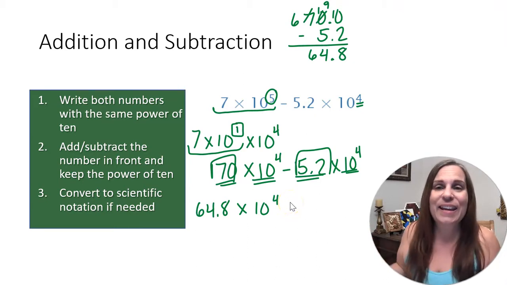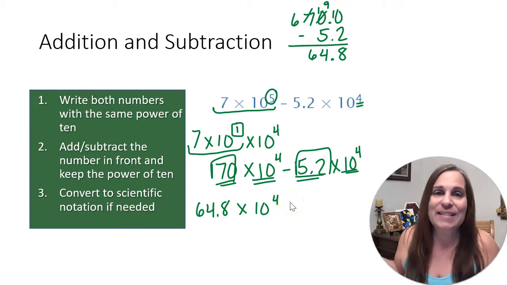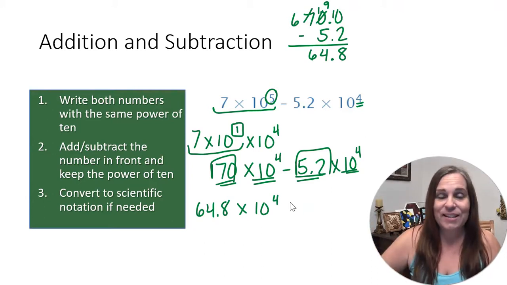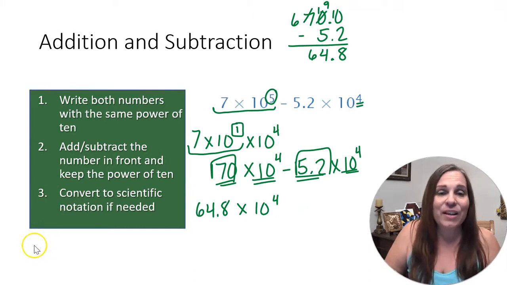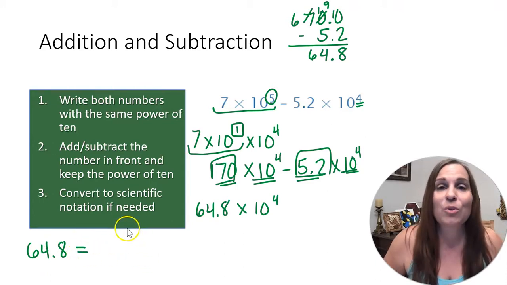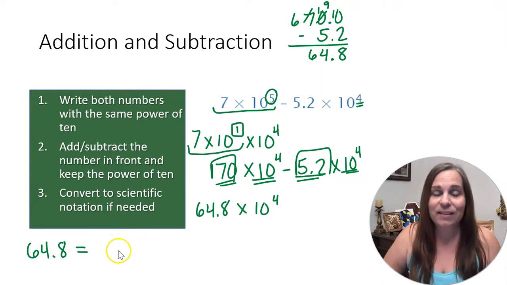Here we go again. 64.8 is not in scientific notation, right? It's not between 1 and 10. So let's put it in scientific notation. I've got 64.8, and I want to first place the decimal point so that it's a number from 1 to 10. So that's going to be 6.48, right?